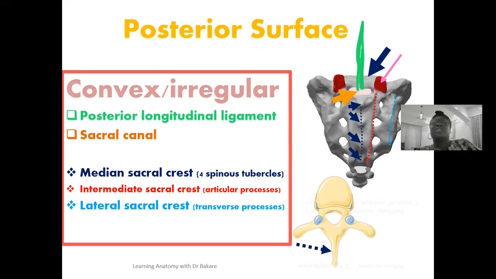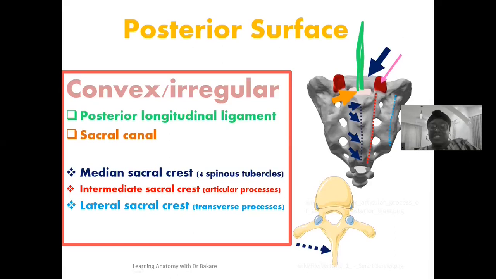The individual sacral bones also have spinous processes, but they become fused because the sacrum is a collection of 5 fused sacral vertebrae, and they are formed along the median plane. This is what leads to the formation of the median sacral crest that is highlighted in the upper image in blue. They emerge along the midline plane, and when they become fused, they will also be seen along that region.